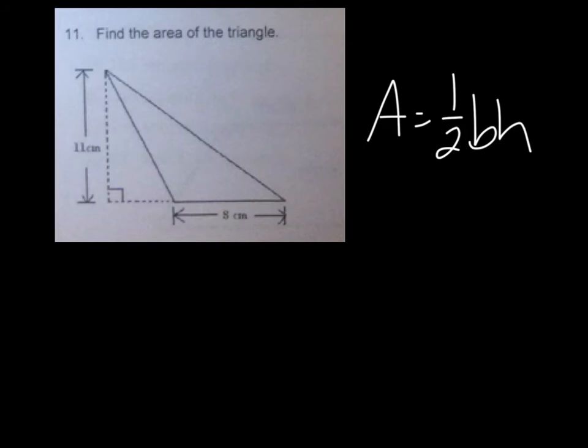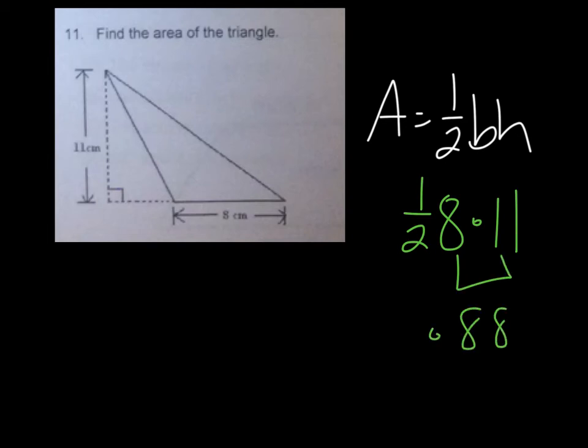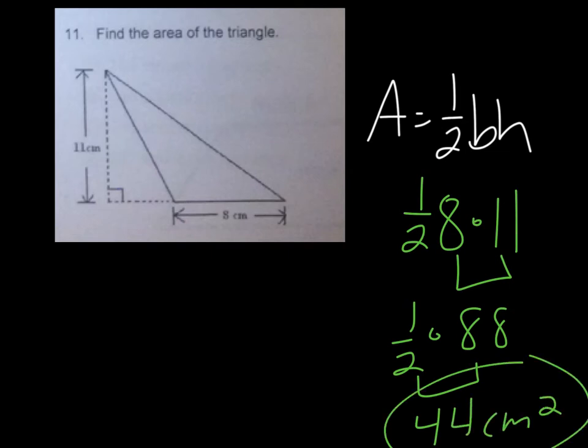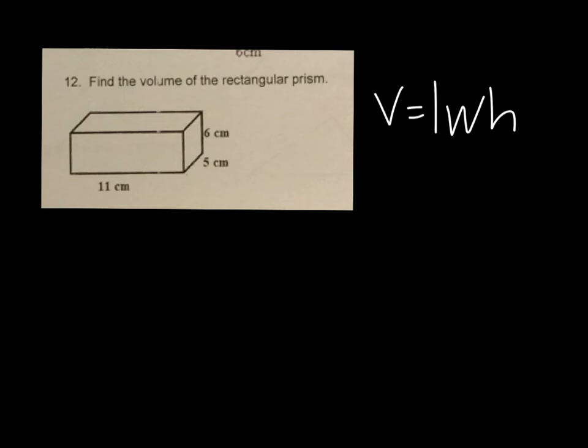Number 11, find the area of the triangle. A equals 1/2 BH. So 1/2 times the base times the height. Base times height is 88 times 1/2 would be 44 centimeters squared. Number 12, find the volume of the rectangular prism.